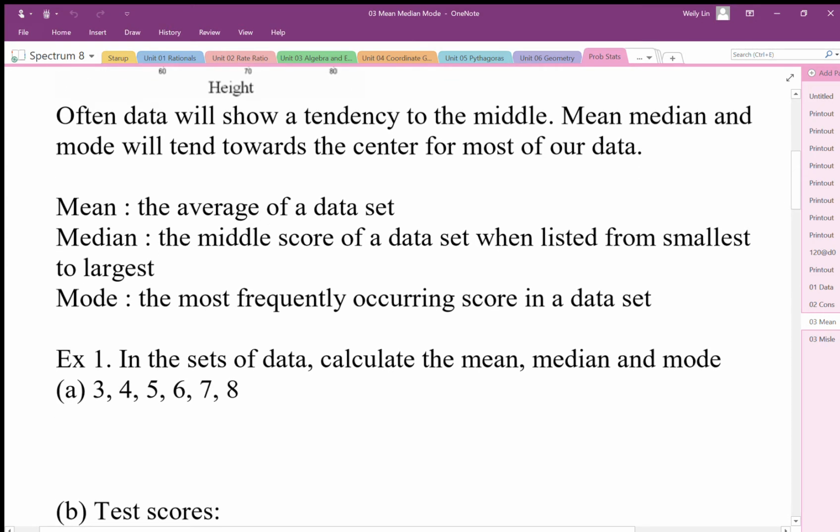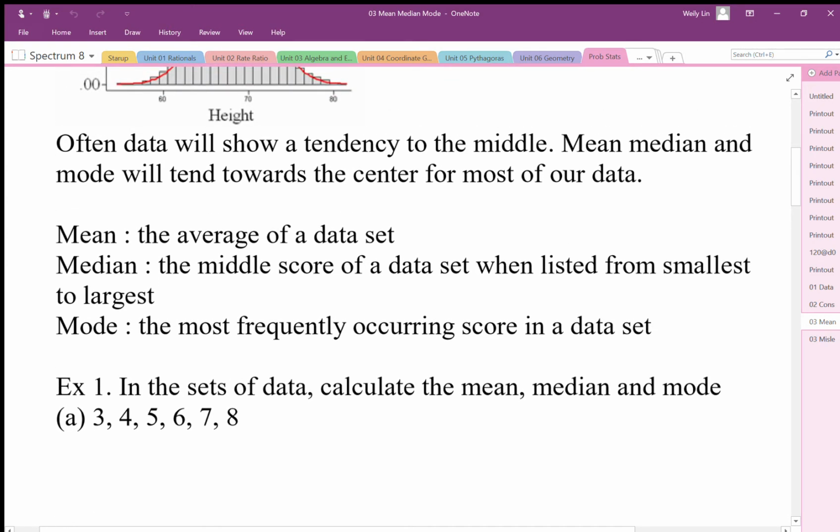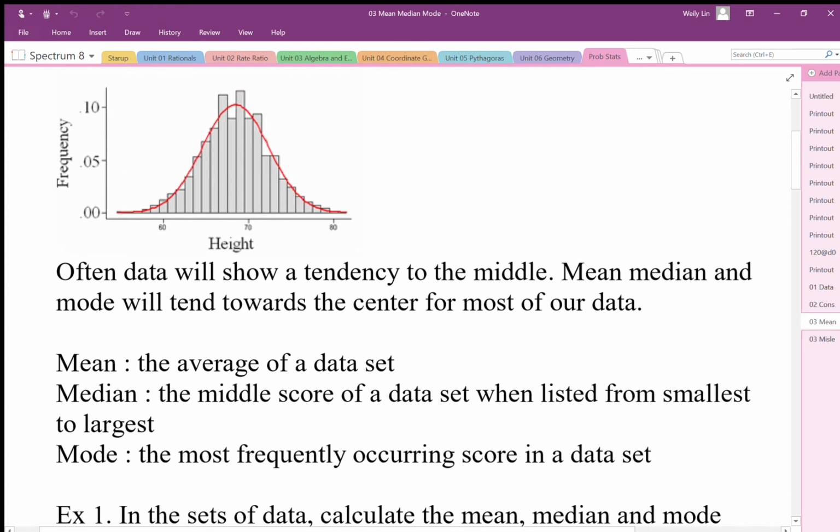The mean is the average of the data set. If we have a bunch of scores, we take the average of those scores, and that's what we call the mean. The median is the middle score. We divide the data so half the people are on this side and half on this side, and that represents the median.